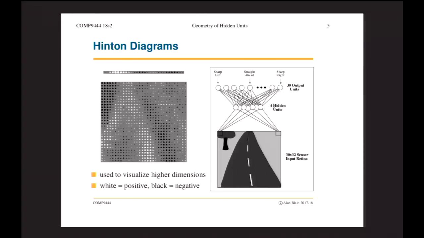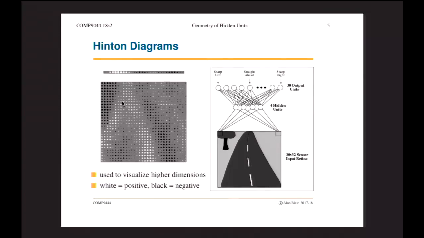So we've ignored the other hidden nodes, we're just selecting one, but we're looking at its relationship with all the inputs and all the outputs. This gives us a Hinton diagram. The white points represent positive weights, the black points represent negative weights, and the size of the dot represents the size of the weight.